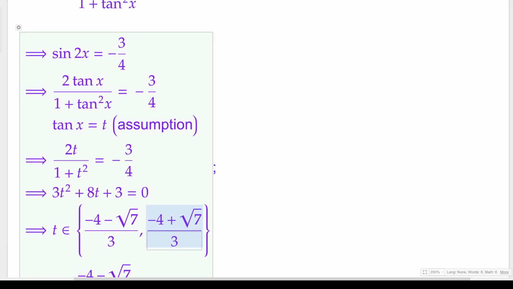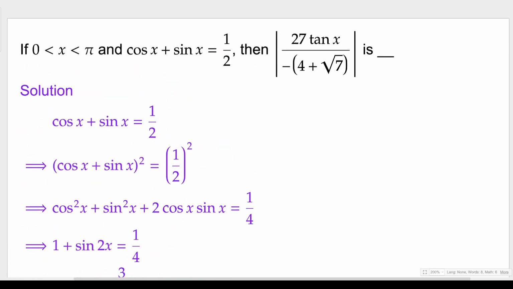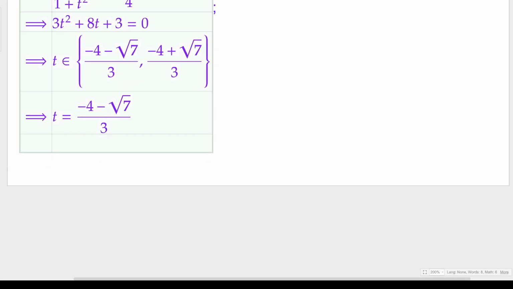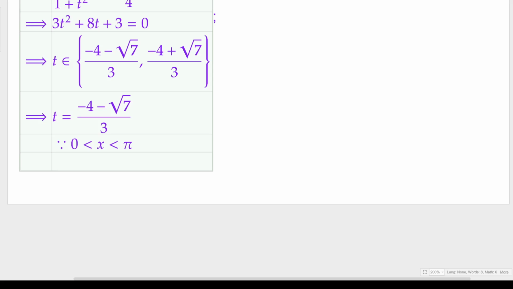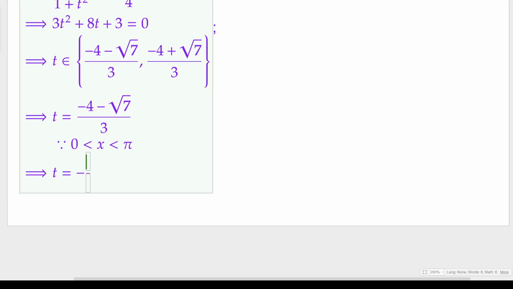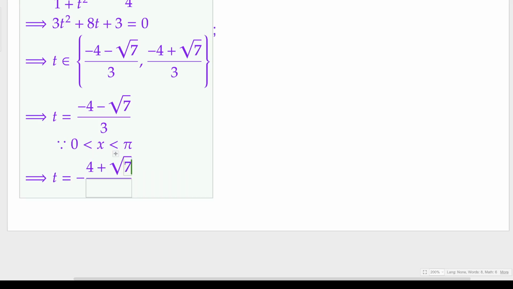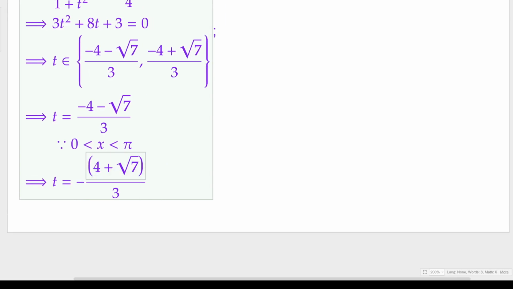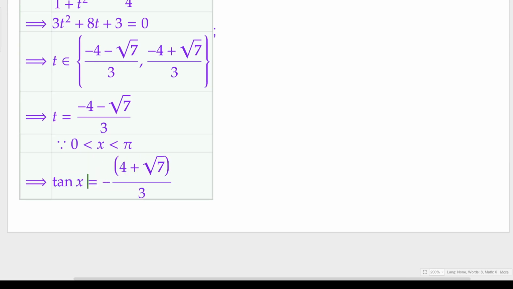If you observe, it's already mentioned in the problem statement that x belongs to 0 to pi radian. Because of this fact, I can say that for t, the selected value is negative 4 minus square root of 7 over 3. I'll surround this within parentheses. This is the final value for my tan x.